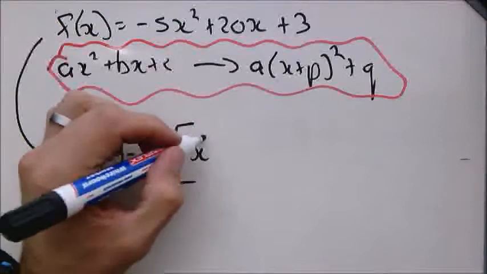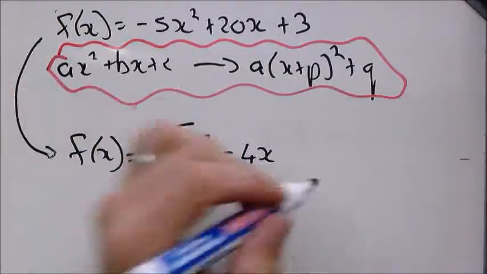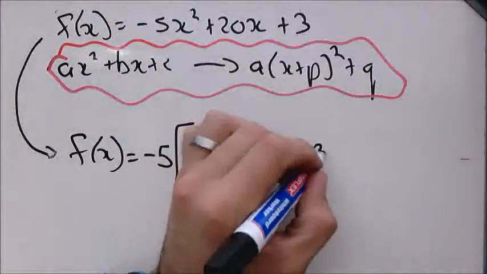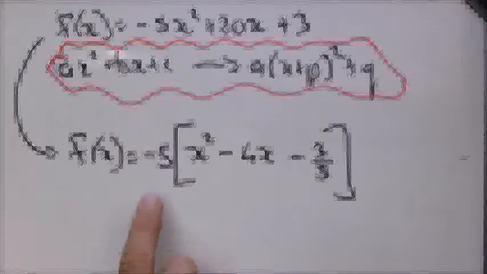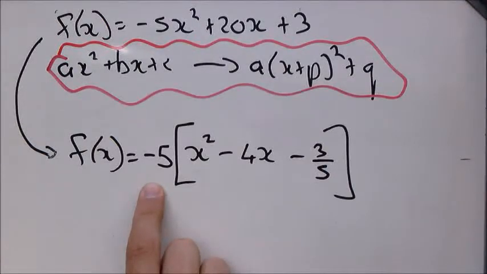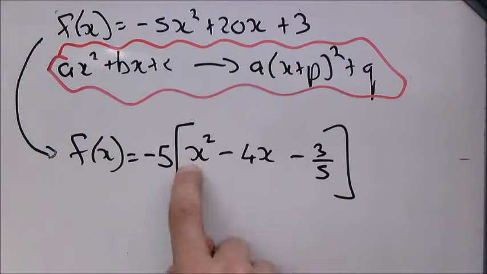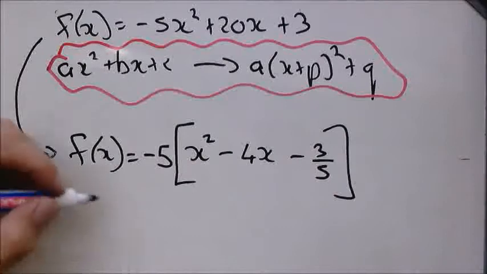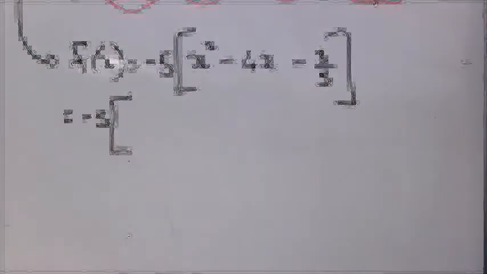So then it will become x squared minus 4x minus 3 over 5. And we have to do this in order to have an a inside the bracket to be equal to 1. Otherwise, we cannot complete the square. Okay. So second step. And for the rest of this, you just leave the negative 5 outside.